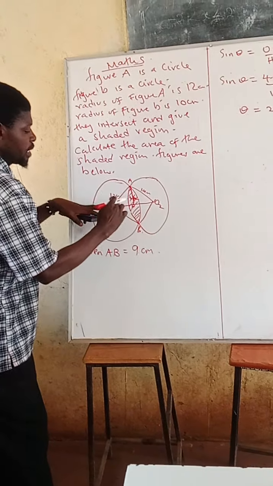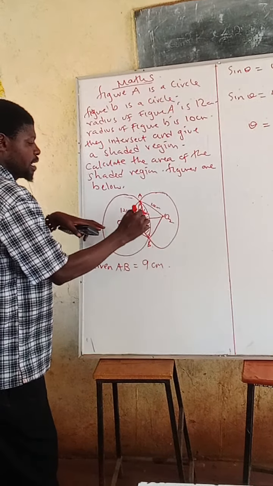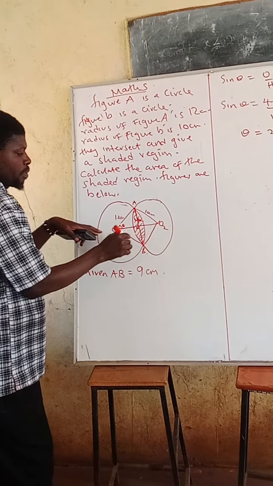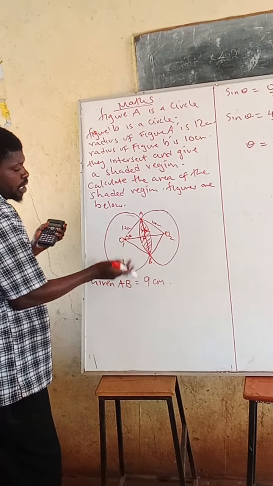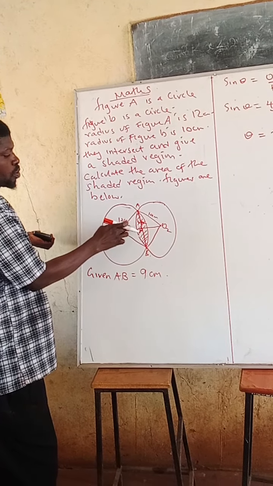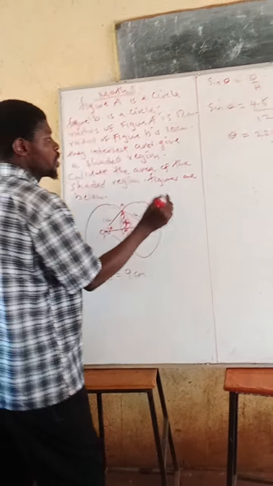We want to calculate the area of this sector O1AB. Then we minus the area of this triangle O1AB. So, simple concept, we have got our theta to be 22.02. The second one will be the same, 22.02.